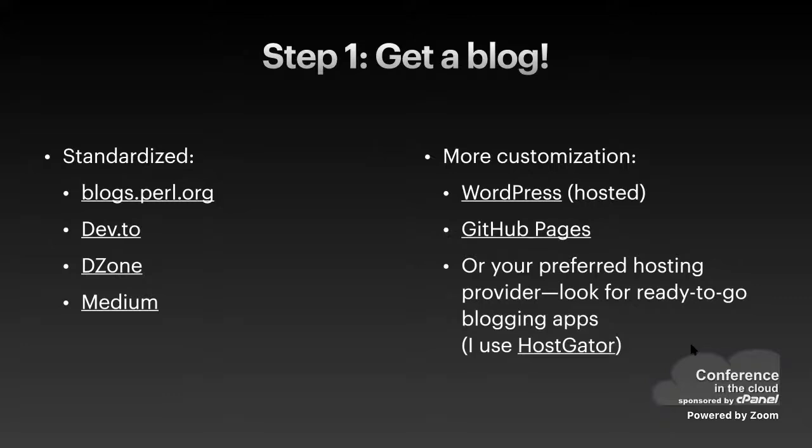You can host a blog on GitHub if you've already got a programming project on GitHub. It's fairly easy to get that set up, or your preferred hosting provider. I use HostGator, but anyone will do. It helps if they have some sort of ready-to-go blogging application like WordPress.